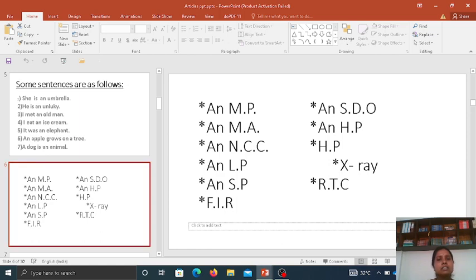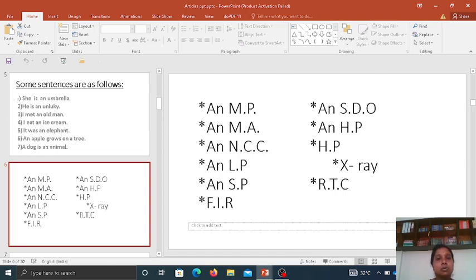But when we solve a question paper of a competitive exam or anywhere, we make some mistakes because we know only one rule here: when the vowels A, E, I, O, U come as the first letter of the given word, then we have to write an.